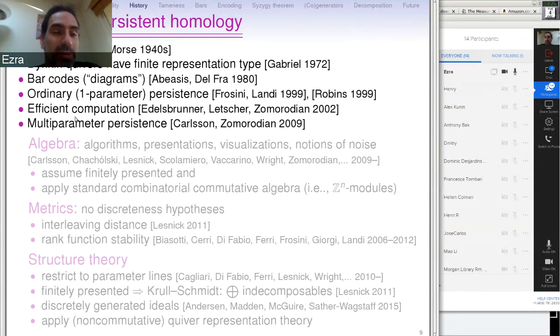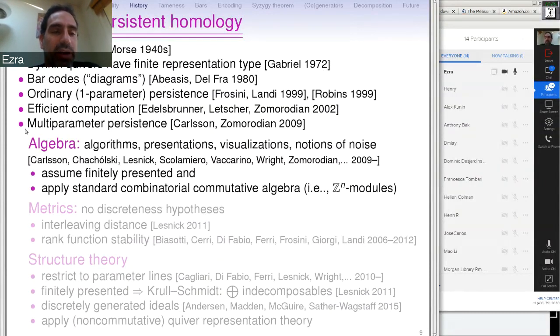Now, the rest of the slide is all about multiparameter persistence. There's been a lot of work on it. There are algorithms and presentations and visualizations and notions of noise, and this involves a lot of people. But almost all of these papers assume that the modules are finitely presented, and they use Z^d, Z^n, and they apply standard combinatorial commutative algebra.